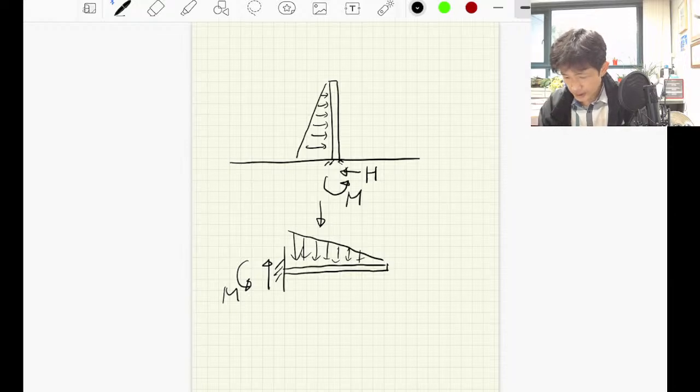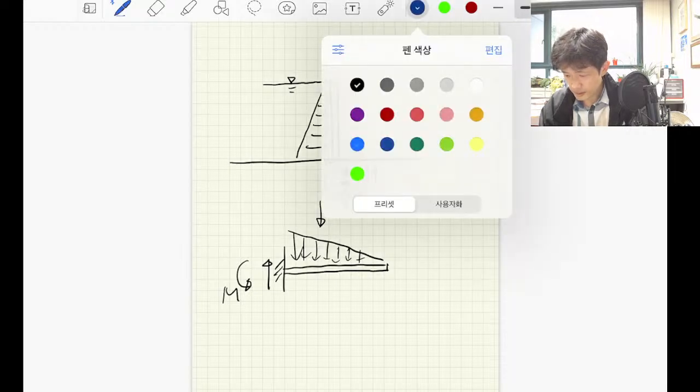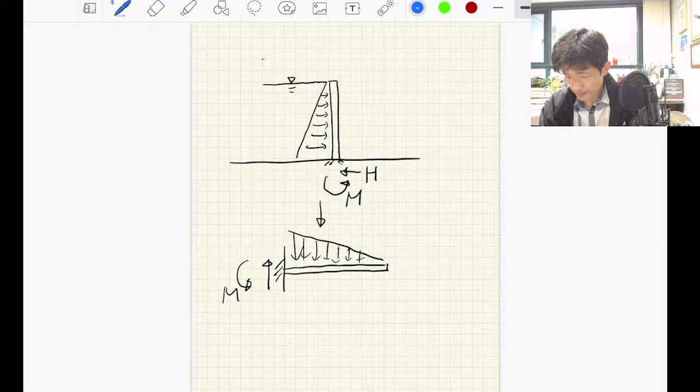In this case, the level of water is here. But let's consider some other cases. In dam problems, sometimes we have overfill. If you have overfill of the dam, the water level would form like this, right? So in this case, on top of the dam, the pressure field would form like this.